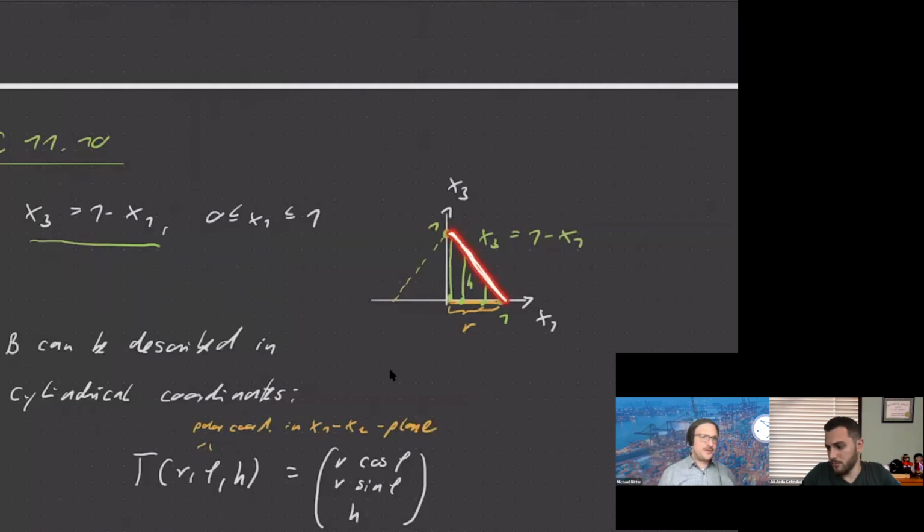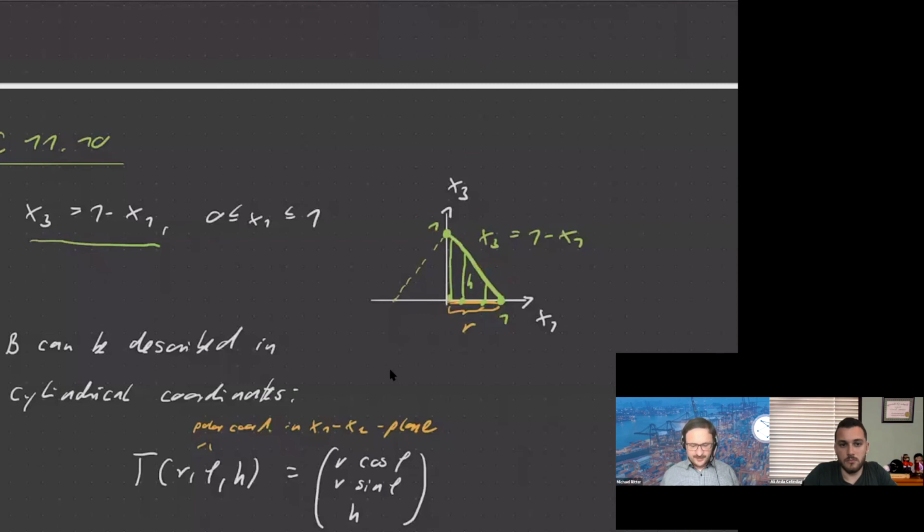So we can either say we let the radius vary between 0 and 1, and then determine the height as a function of the radius, like we did. Or we could also say, let's let the height vary between 0 and 1, and then the radius is a function of the height. Yeah, we could also do it this way. Doesn't really change anything. But somewhere this dependence has to be modeled into the set.